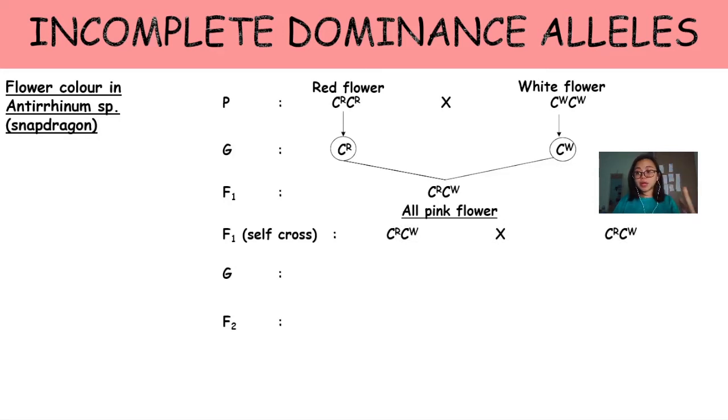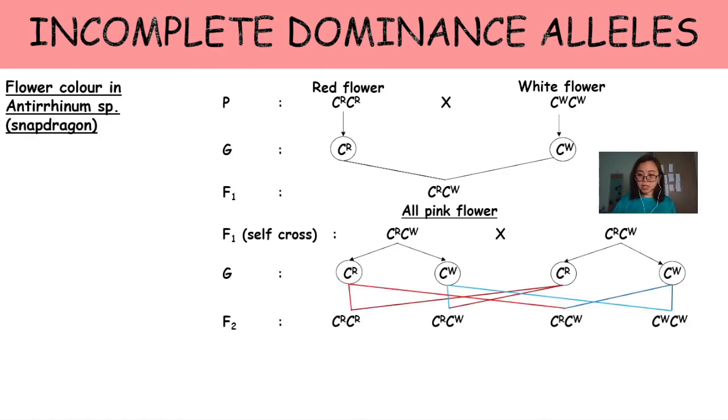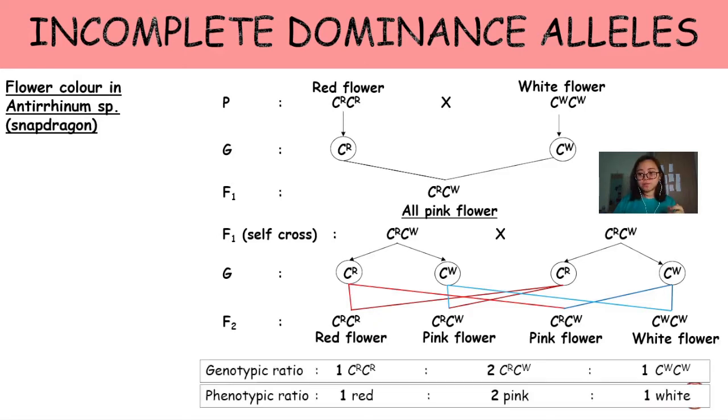And then we allow them to cross, self-cross. It will produce these gametes since these are heterozygotes. Dia ada CR, dia ada CW. Kita kasih cross lagi. Dan kita akan dapat ini genotype dan phenotype yang akan ada dalam second generation. These are the genotypes and phenotypes that you will get in the F2 generation.